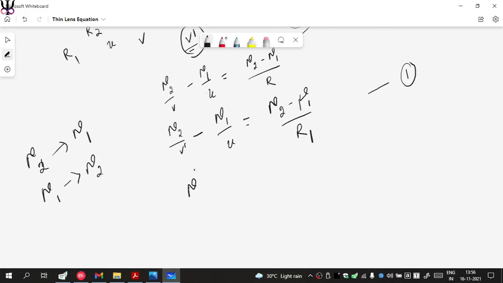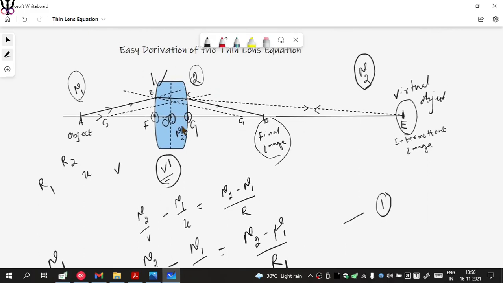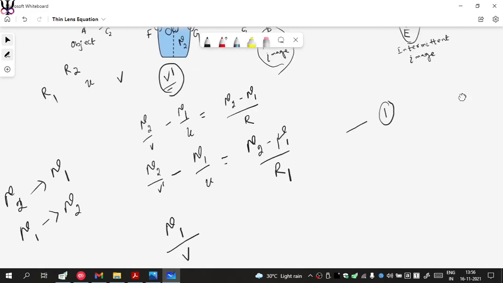Instead of V dash we know the image distance is V, because that's where we are getting the final image. Here the image formed by the refraction at the second surface is the actual, final image, and it has the image distance V.